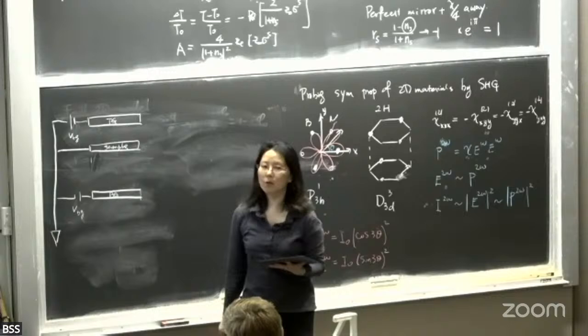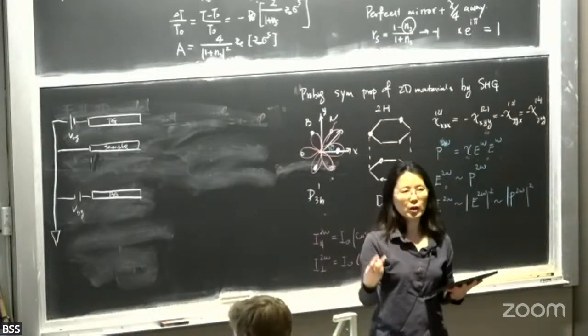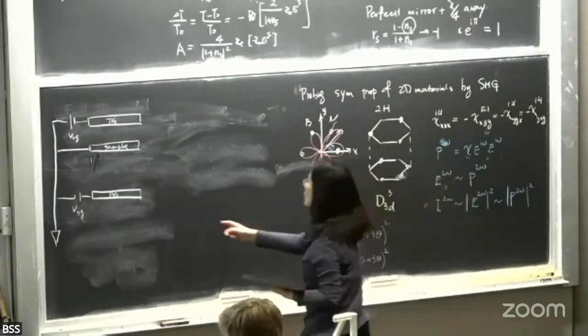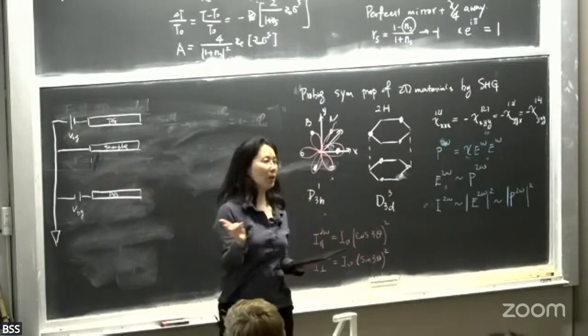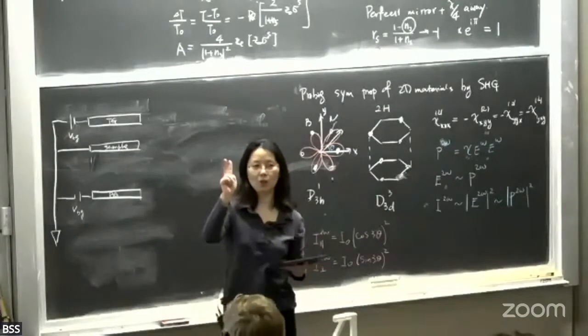Those two voltages together can change the doping density and also the displacement field in your sample independently, because you have two knobs and you can change two things.